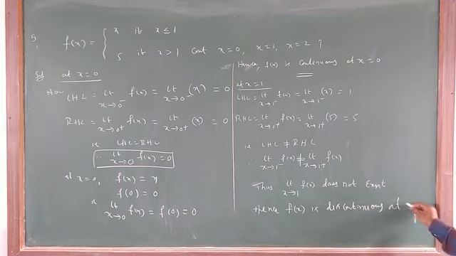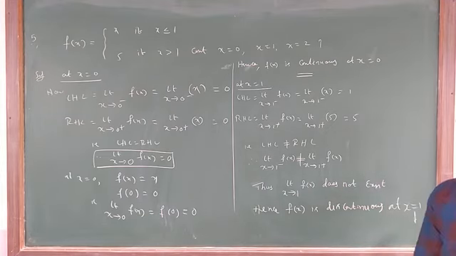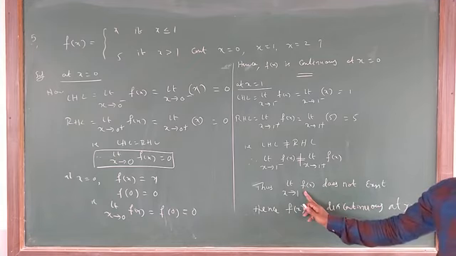Where? At x equal to 1 the function is discontinuous. Why? Because the limit does not exist.